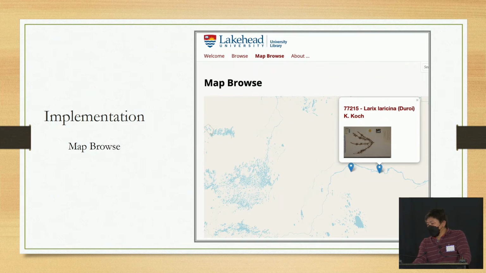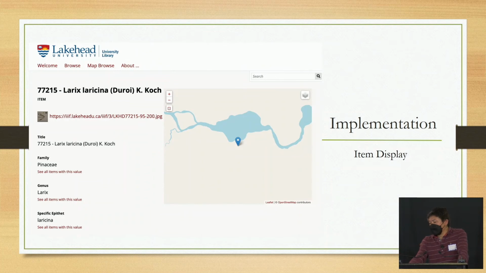When you mouse over a specific geolocation marker, you see the title of the item and the thumbnail of the item. When you click on it, you reach the item page.